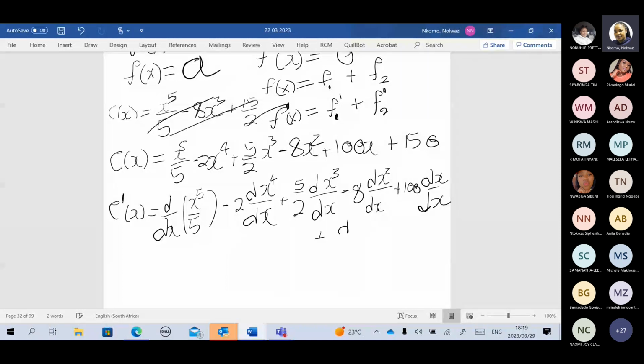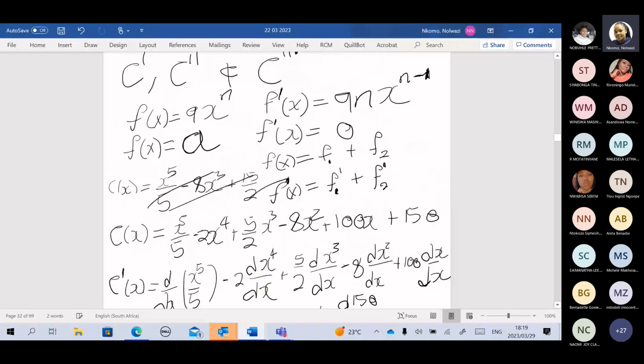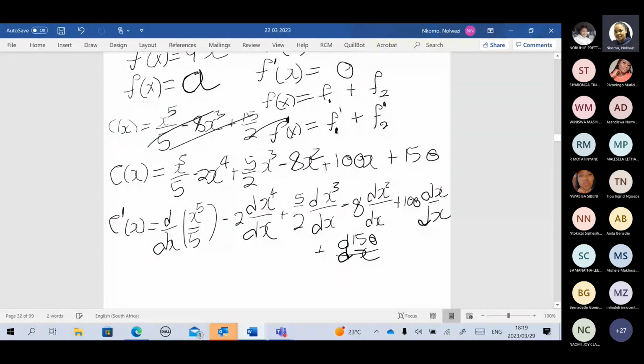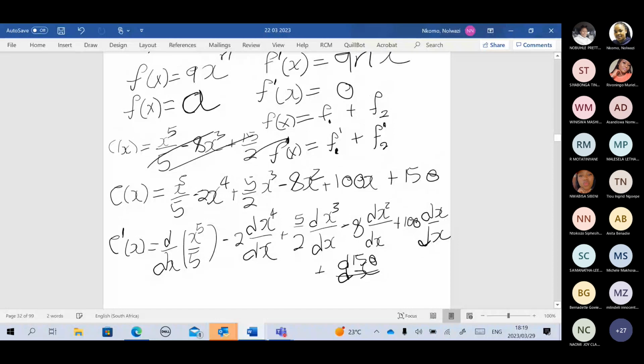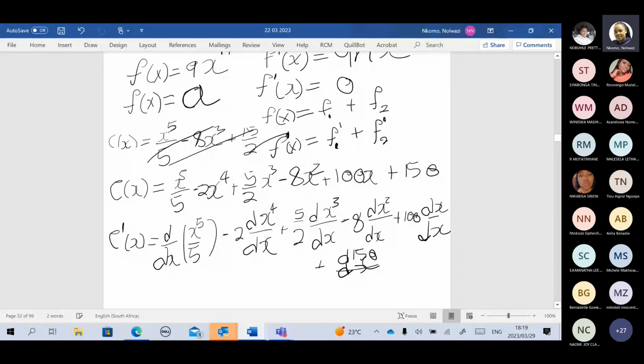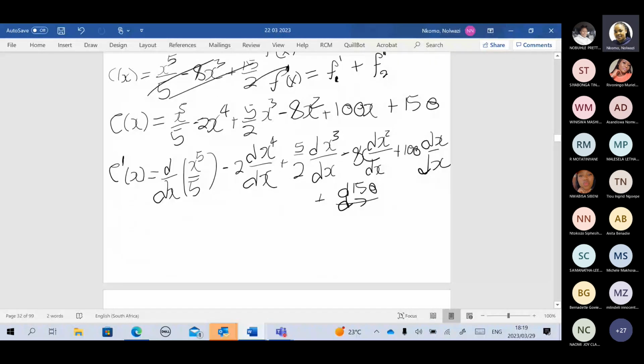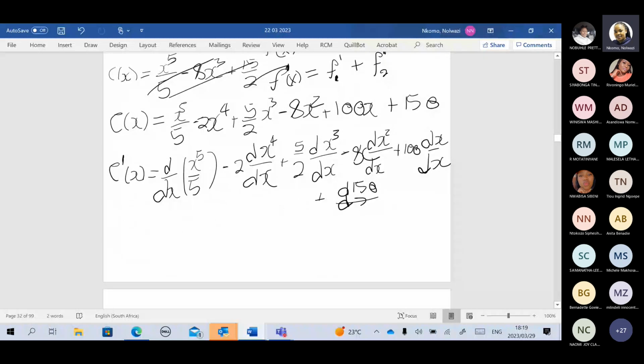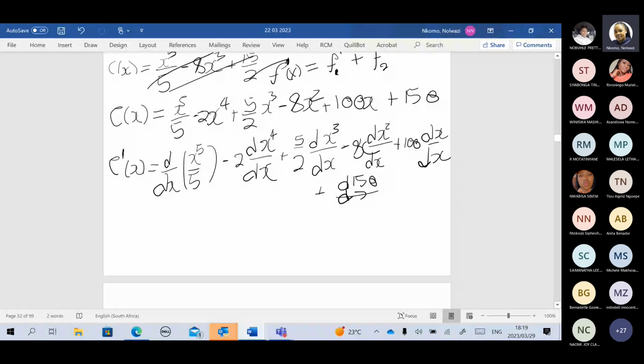Remember, we're going to apply this rule, because we said we'll apply the power rule here, since this is a polynomial function. If we apply this rule here, we have 1 over 5 times the derivative of x to the power 5.